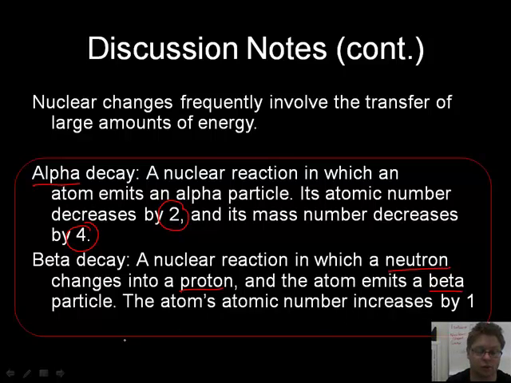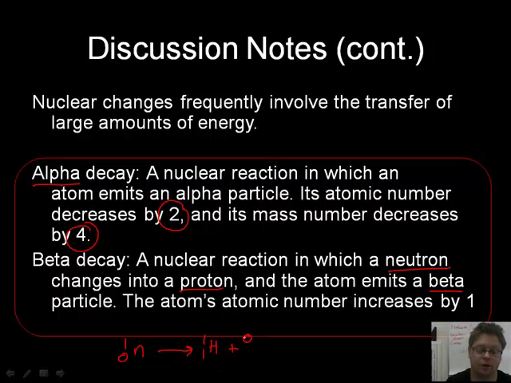So how does this work? Here's the symbol for a neutron. It's got a mass of 1 and 0 charge. This neutron breaks apart into a proton, which has a mass of 1 and a charge of 1. This proton is a hydrogen nucleus. The other thing that's emitted is a beta particle.